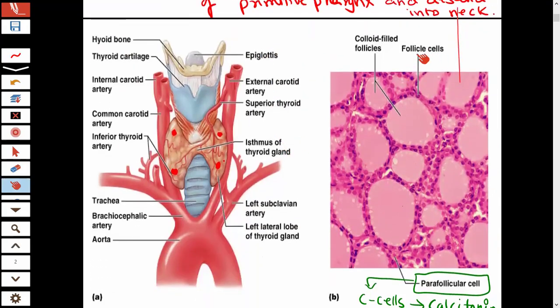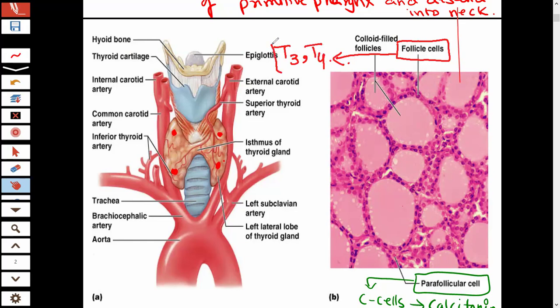Now see here. This is the histological presentation of the thyroid gland. Now, these are your follicular cells. Follicular cells, please remember, are going to form T3 and T4 hormones.